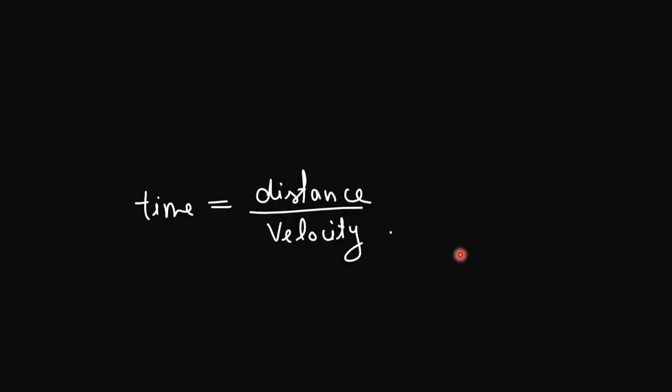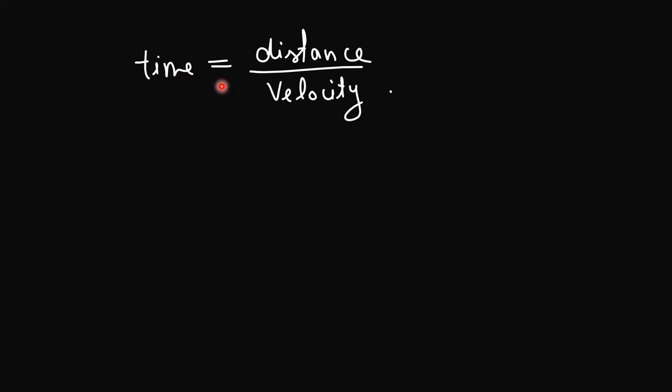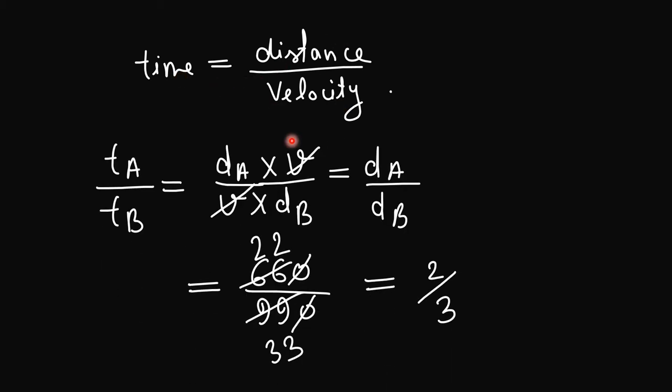So now the next task is, you know that time is equal to distance upon velocity. Okay, so time taken by the first fork is equal to distance dA divided by velocity.